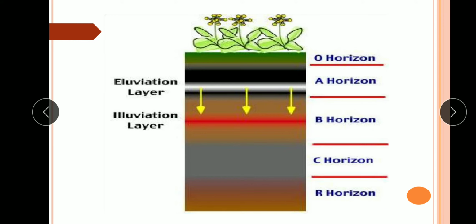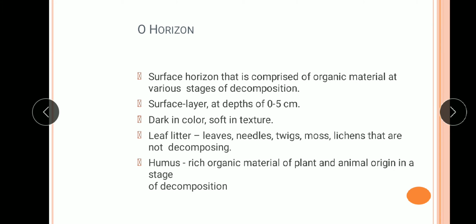The second one is the illuviation layer, the accumulation of dissolved or suspended soil material in one area or horizon as a result of eluviation from another. We will discuss them one by one.